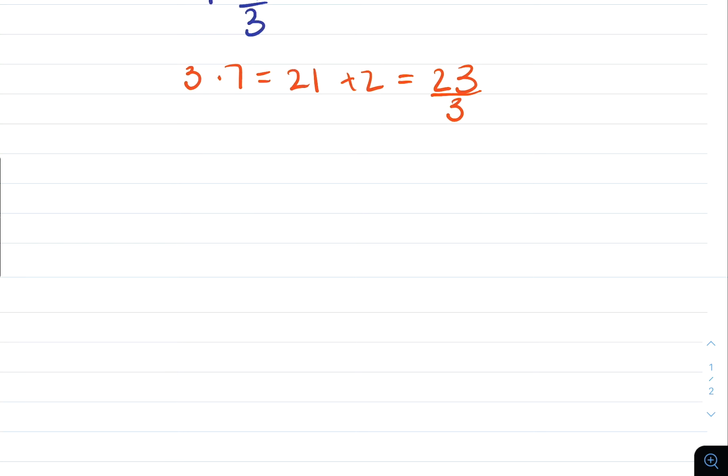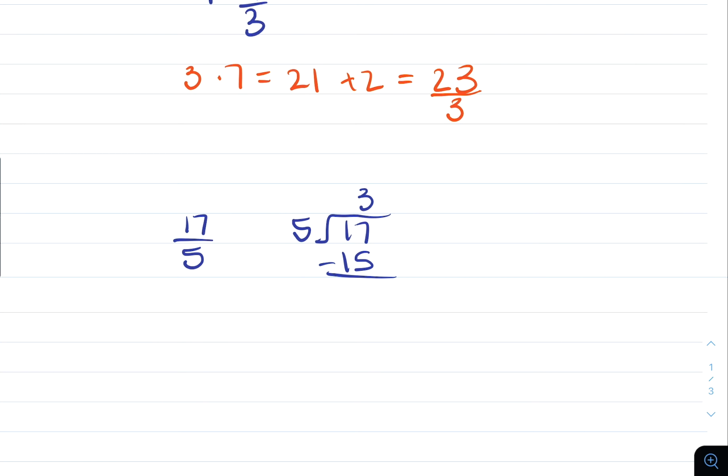Let's look at some examples. We have 17 over 5. So we need to write this as a mixed number. What we're going to do is divide 17 by 5. So we have 17, and we're going to divide that by 5. 5 goes into 17 3 times.